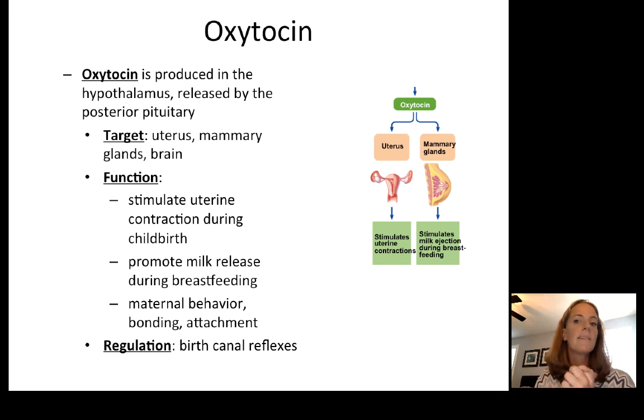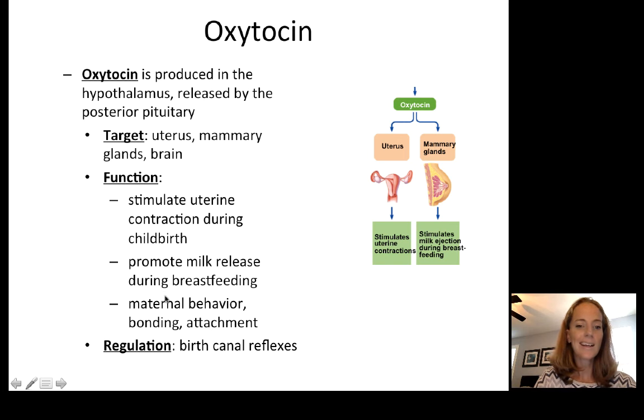This was actually the positive feedback loop that we did way back when. It can also promote milk release during breastfeeding, so lactation. And it's now being studied in its role in social behavior, particularly maternal behavior, maternal bonding, and attachment.